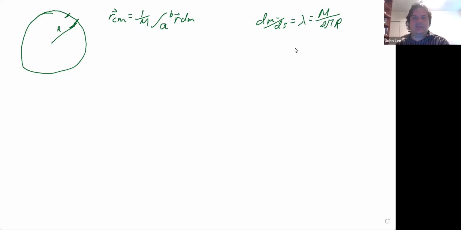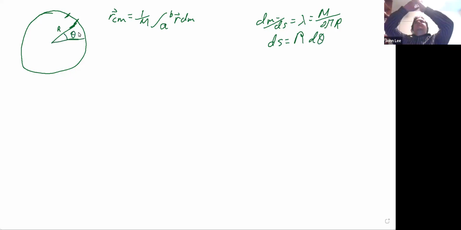And then ds is going to be equal to r d theta, where theta is the angle subtended, the angle that the mass is integrated over.